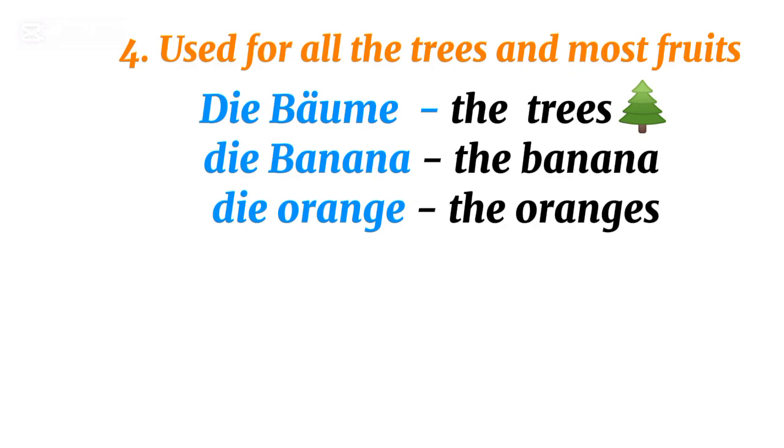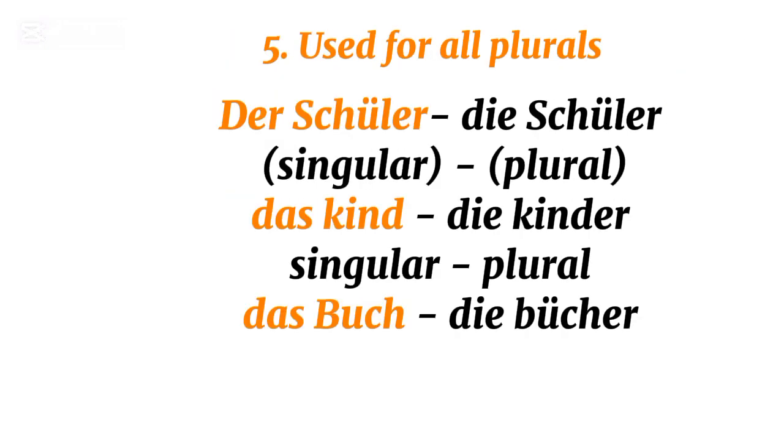Next rule is all about plurals. As you have seen, if you are talking about plurals, may it be the plural of people, may it be plural of things, may it be plural of all the nouns, they take a die article. This is very, very important. When you have more than one book, you will say die Bücher.